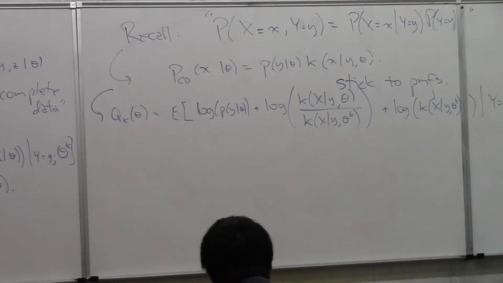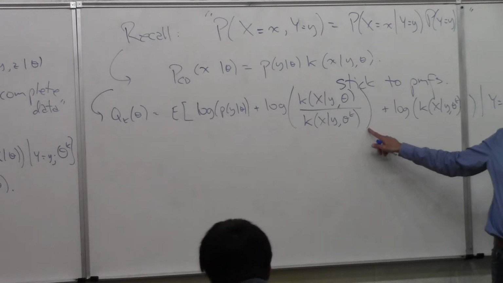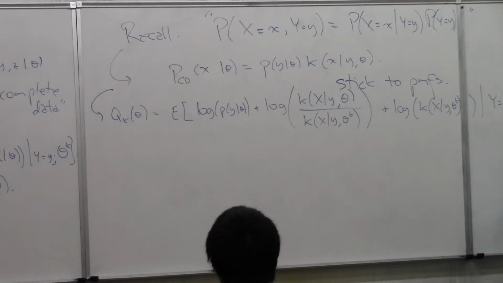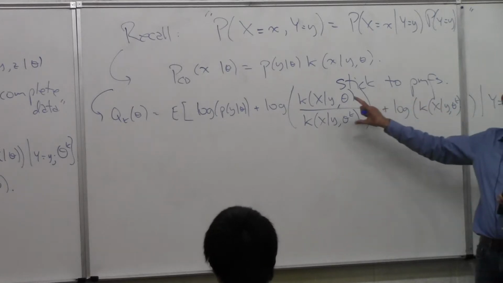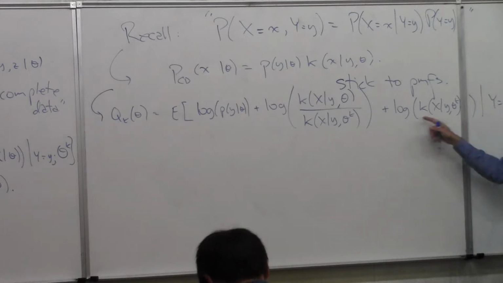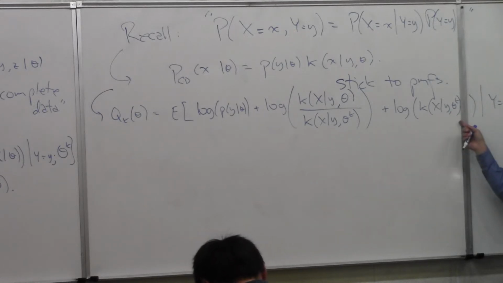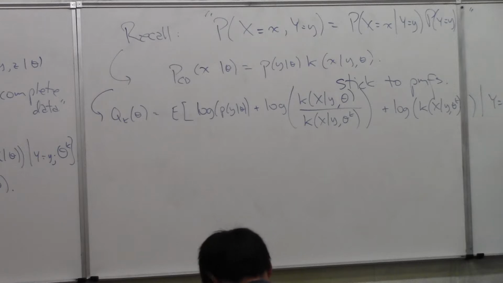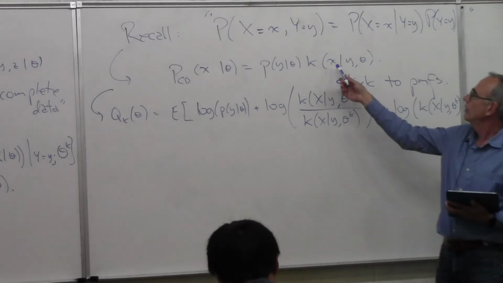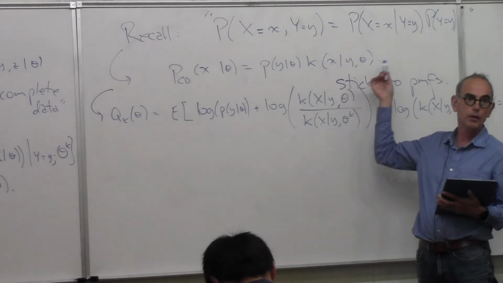And so this expectation is a relative entropy, except there's a minus sign missing because I'm taking the expectation with theta k, so it's flipped around. And this is the expectation of a log of a probability mass function with respect to that probability mass function. That's minus entropy. This k here is a probability mass function for any y and any theta.